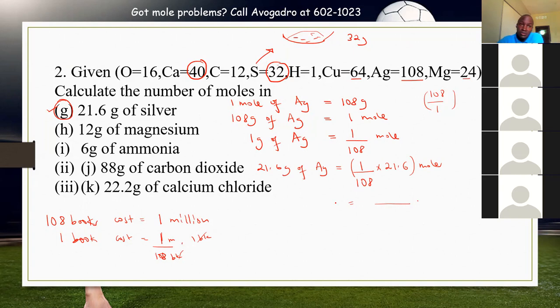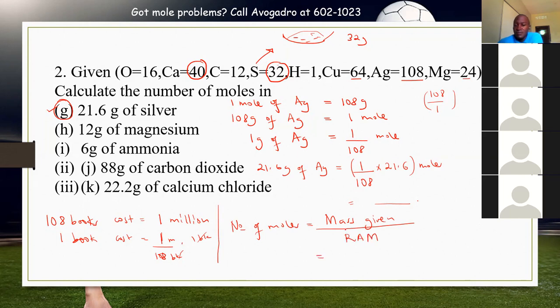However, you could also do it in shortcut form, maybe if you are dealing with objectives. We know from our theory about calculating empirical formula that number of moles can always be obtained from this formula here. We get the mass of the substance given, divided by the relative formula mass, or the relative atomic mass in this case, because we are looking at an element.